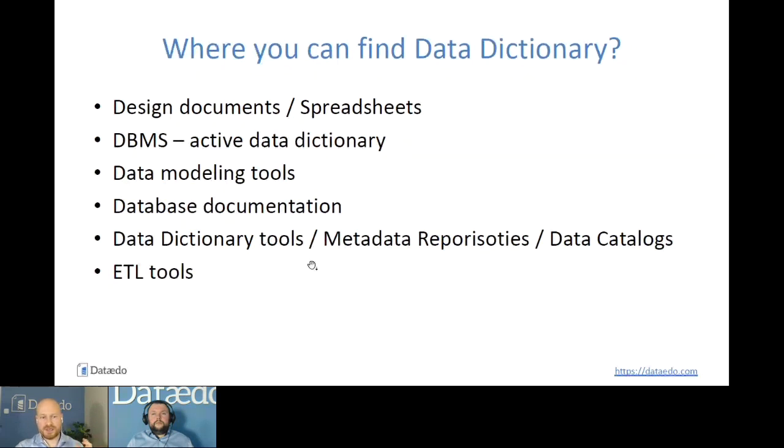You can look into the metadata tools like data catalogs, data dictionary tools like Dataedo, or any other metadata repositories. It can be also found in some ETL tools who need to be aware of the structure of the data. So there are many places you can actually look into to get some insight about the data you have, not just the database itself or the files in the data lake.